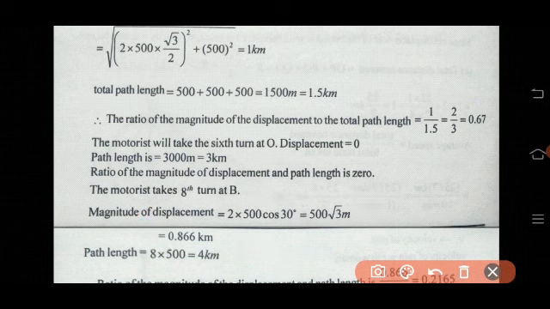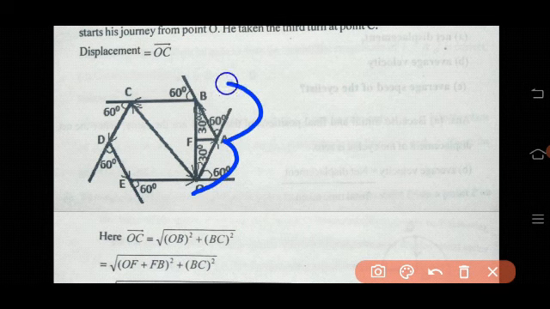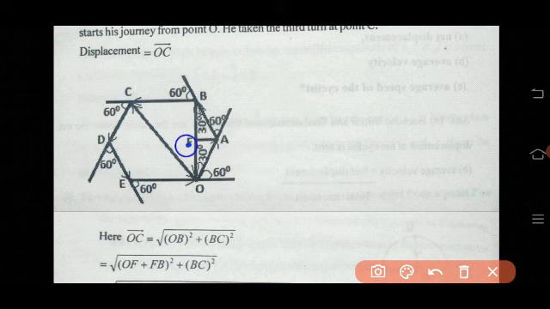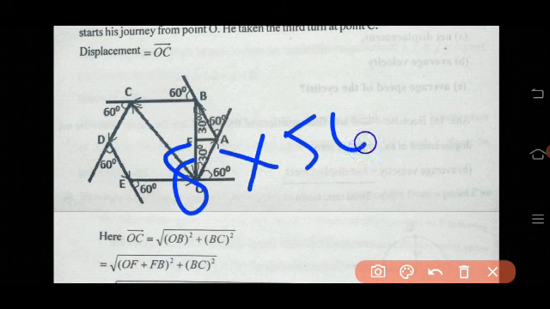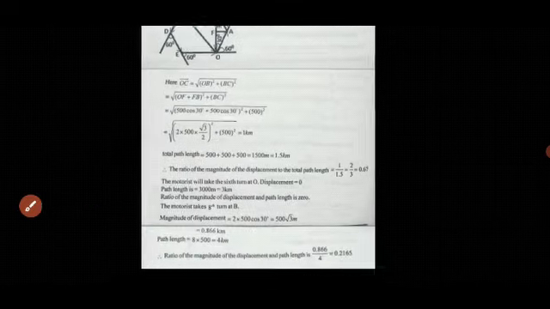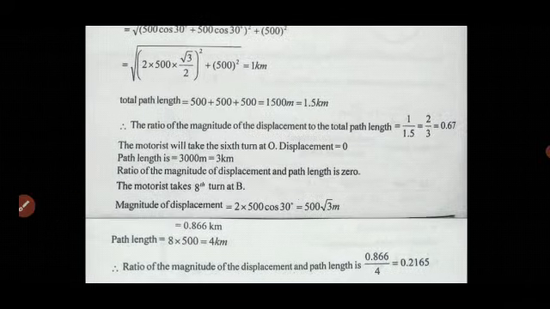Now what is the path length? See the diagram once again. For the eighth turn, first turn 500 meter, second, third, fourth, fifth, sixth, seventh, eighth. That means 8 times he travels 500 meter each. Therefore the total path length is 4000 meter or 4 kilometer.